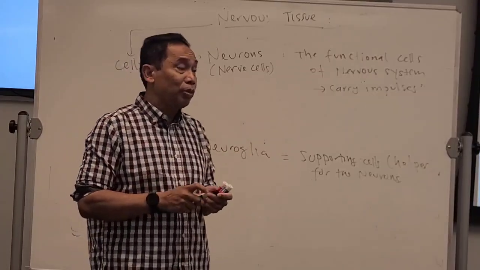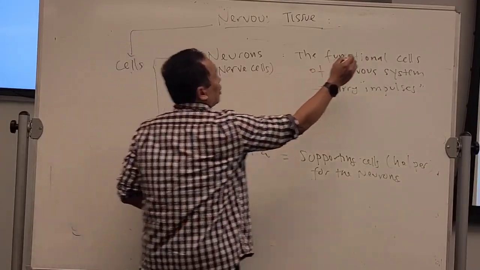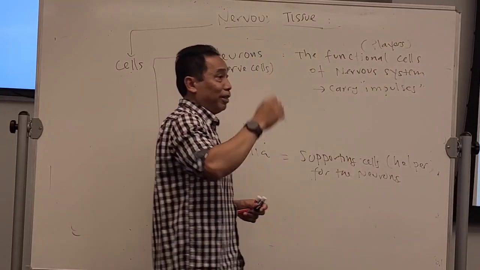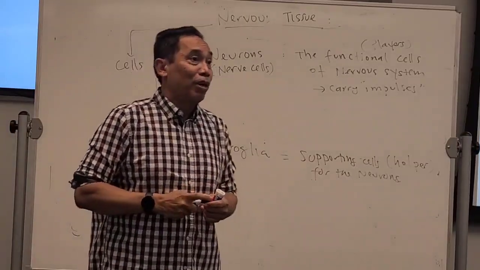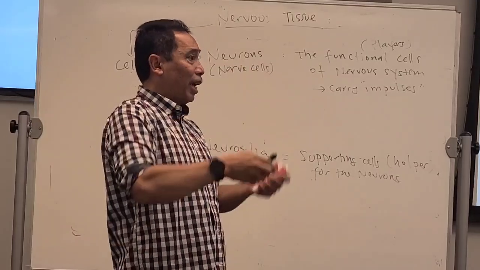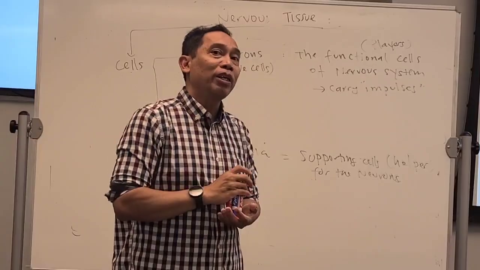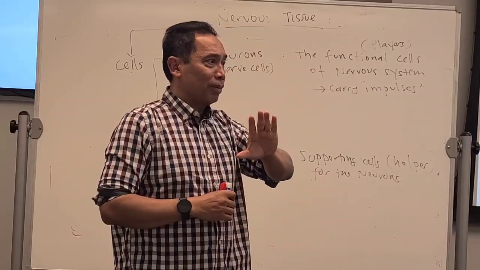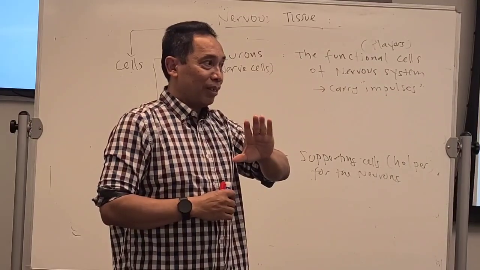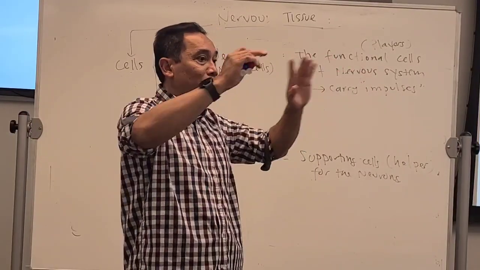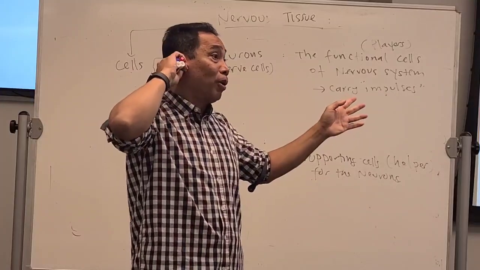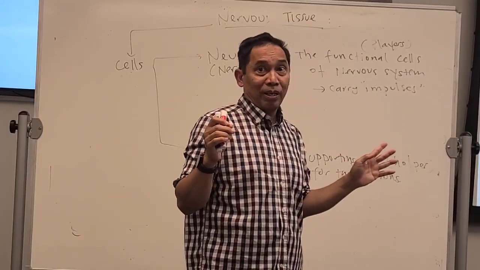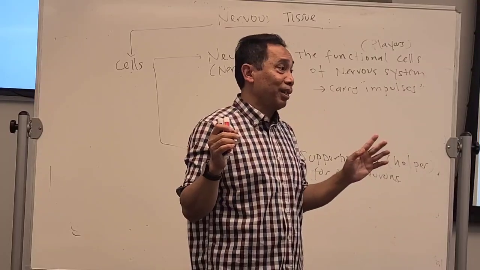Now, we can also call them the players, the players of the nervous tissue. Now, if you go to or watch a game, for example, which one will you see more? The players or the supporters? If you go to the stadium, which one will be more? Supporters or players? Supporters, unless the game is really bad.